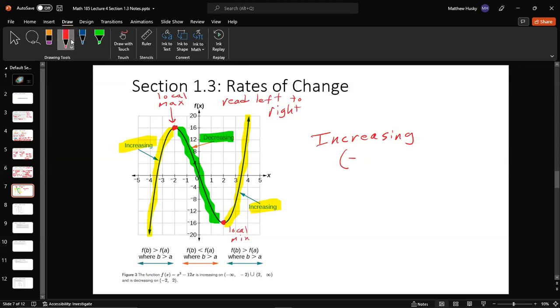From negative infinity to -2, that is one place where it is increasing. And then from +2 to infinity, that is another place where it is increasing. And they do say that down here, it's just the same thing. Decreasing, by the way, is going to be this single interval from -2 to 2.